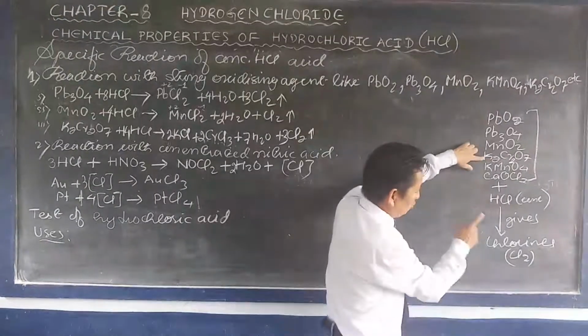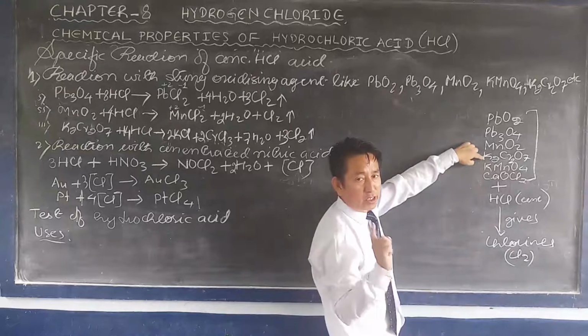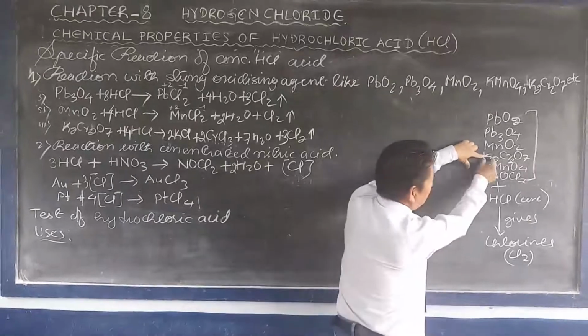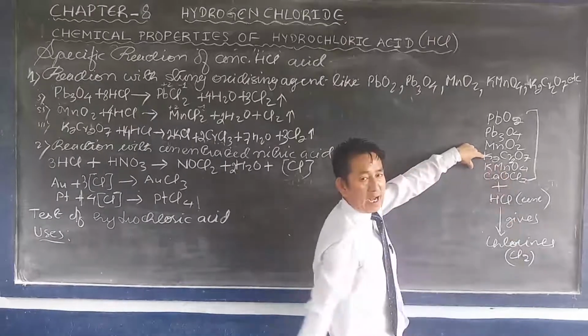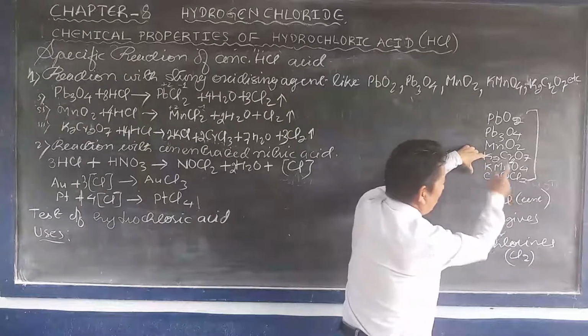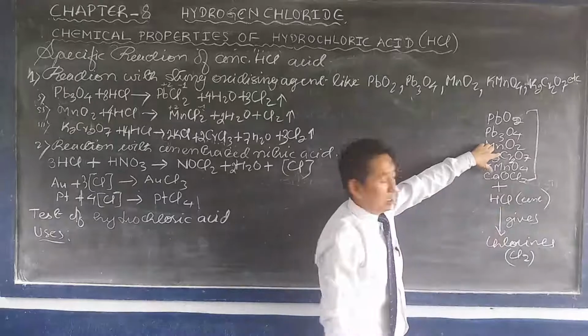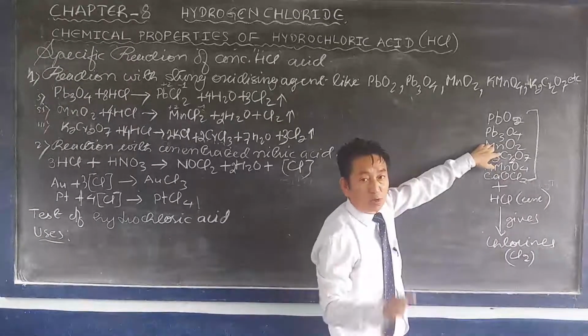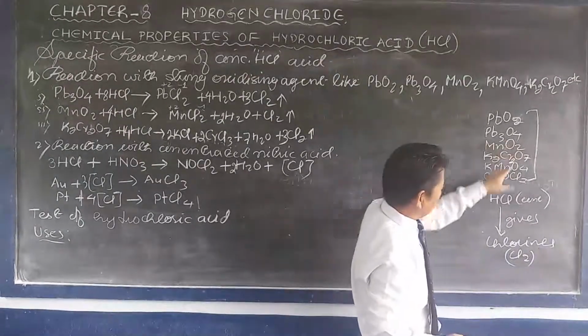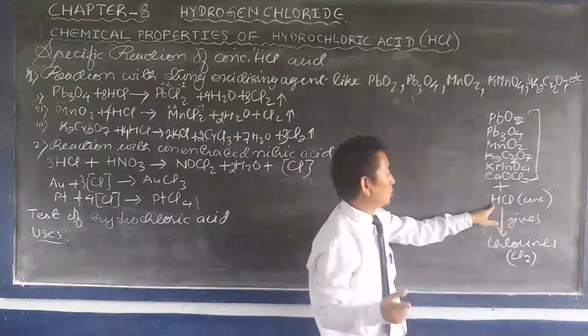So first, greenish yellow chlorine gas is evolved. This potassium combines with the chloride of this hydrochloric acid, potassium chloride. Chromium combines with the chloride of this hydrochloric acid, chromium chloride. Then oxygen combines with hydrogen, water molecule.